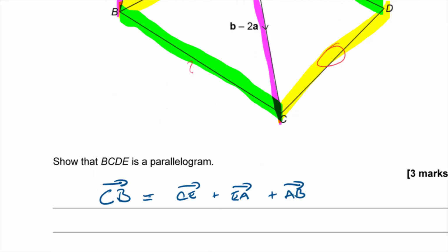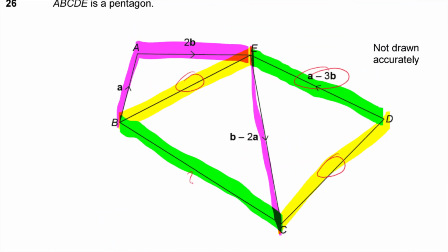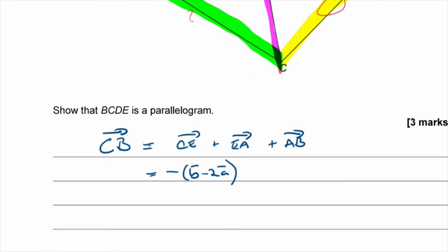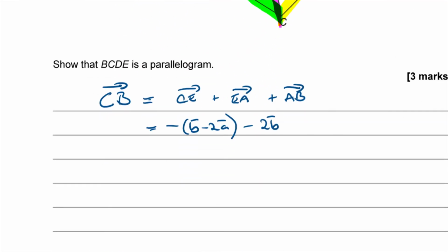It's going to be minus B minus 2A. I'm going against that arrow as well, so E to A is minus 2B. And A to B, again against the arrow, is minus A. Let's just deal with that bracket. Minus B, minus minus is plus, so that's plus 2A minus 2B minus A.